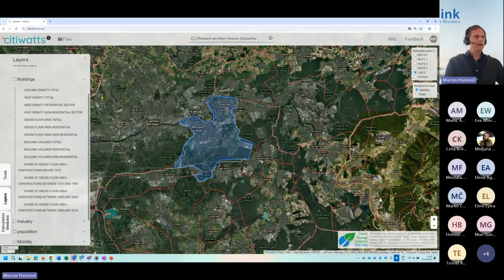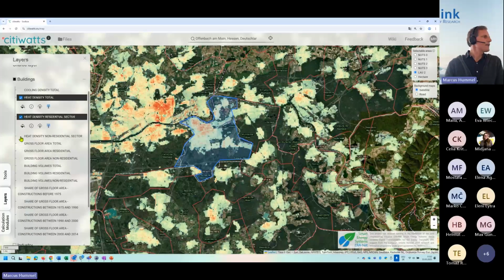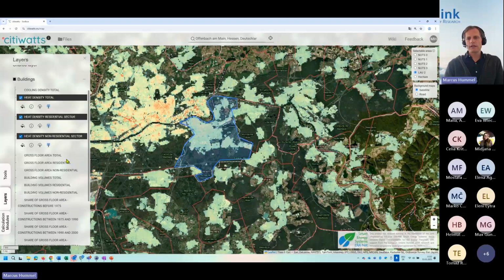And here in the building section, you will find the default data that I have mentioned in the presentation before, and it's heat density total. It's separated into heat residential sector and heat non-residential sector. So as you can see, it's the residential buildings, but also the non-residential buildings, and this does not include industry buildings and not the process demand.